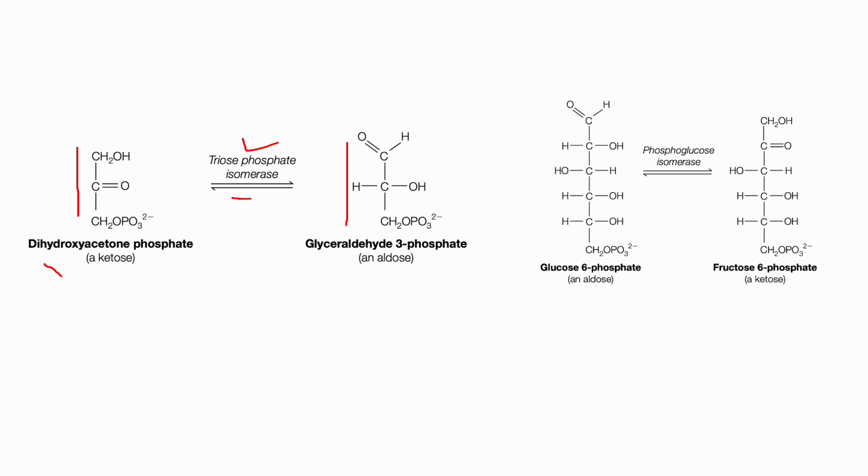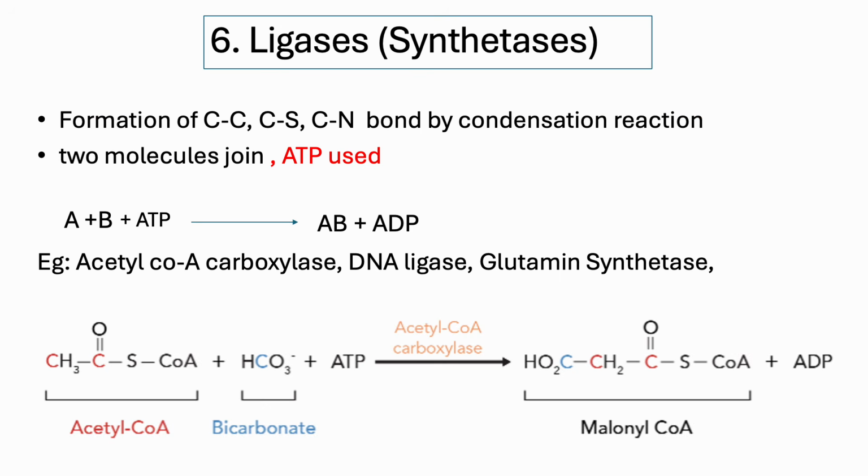Another is glucose 6-phosphate, which is an aldose, and it forms fructose 6-phosphate by the activity of phosphoglucoisomerase. Here also a 6 carbon compound, glucose 6-phosphate, converts into fructose 6-phosphate. Same, everything is the same, just rearrangement within the molecule.